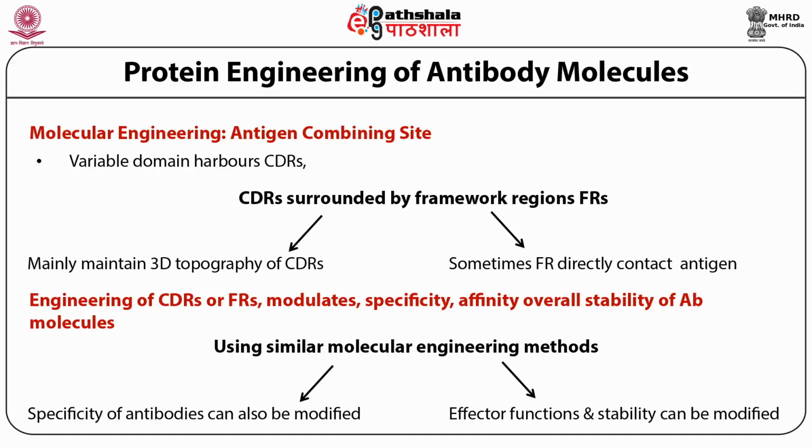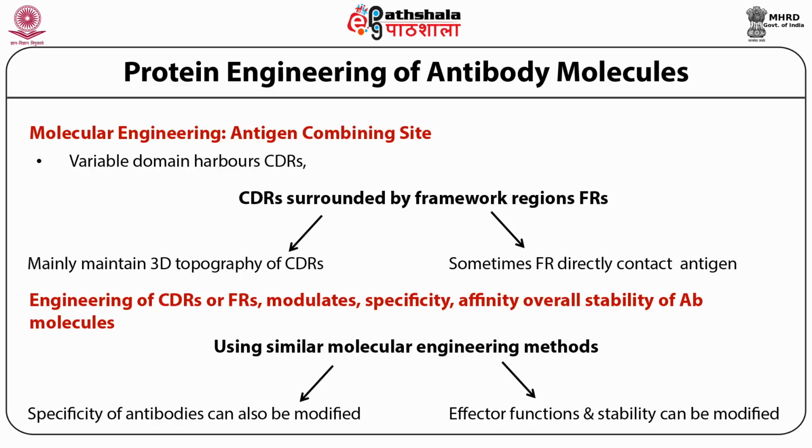Around 2000, Boder and his colleagues reported what is still the highest, a 10,000-fold increase in affinity of an anti-fluorescein variant. This example shows that by engineering the antigen combining site, one can obtain higher affinity or modify the binding activity of an antibody.